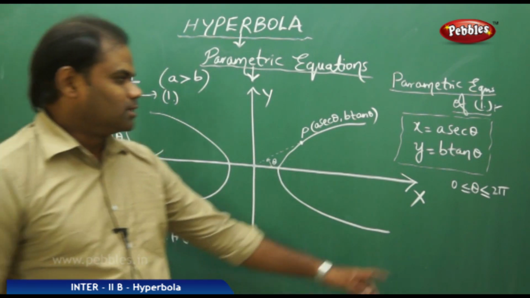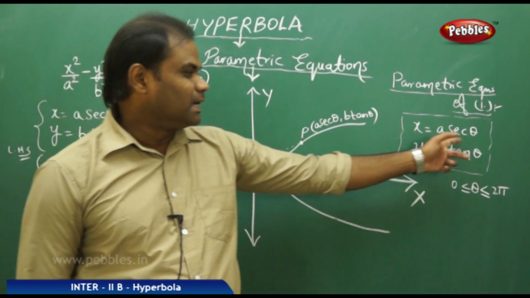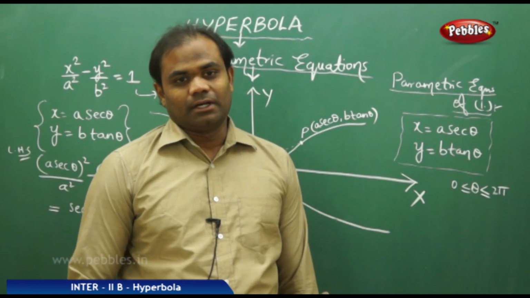So the parametric equations of the hyperbola in standard form are x equals a secant theta and y equals b tan theta.